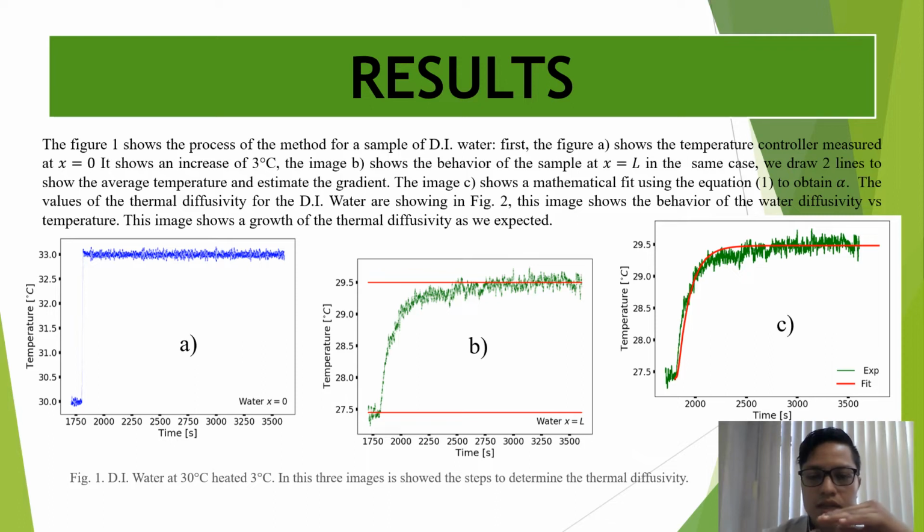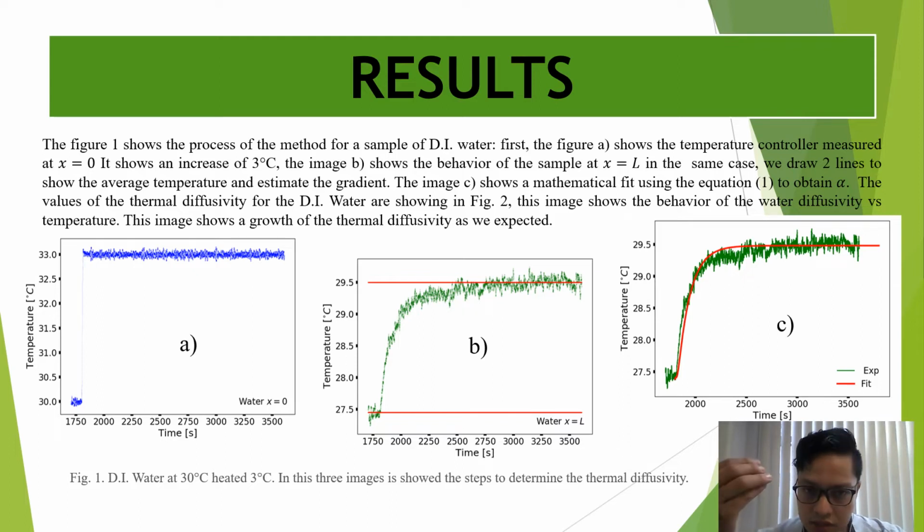Then we set the temperature at one constant temperature, in this case 30 degrees. After that, we turn on the controller and increase the temperature by 3 degrees Celsius.